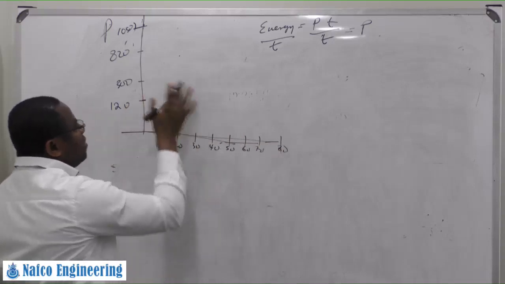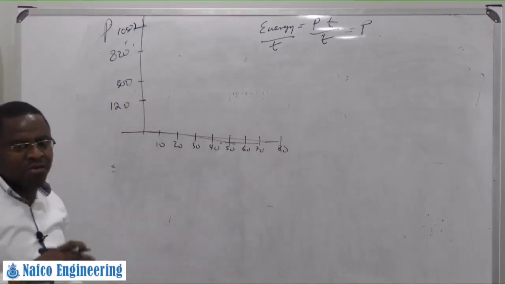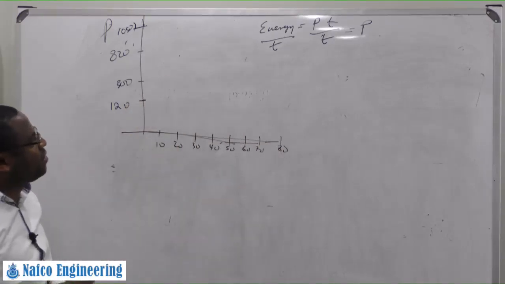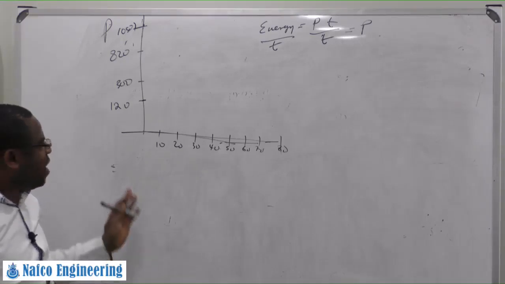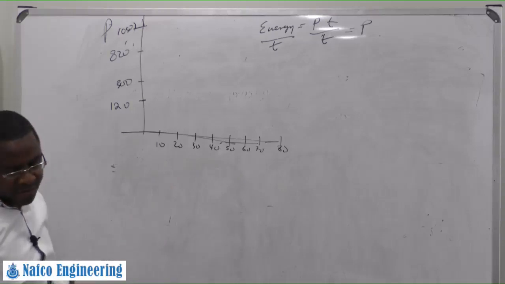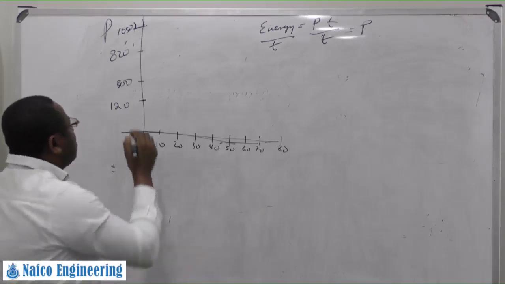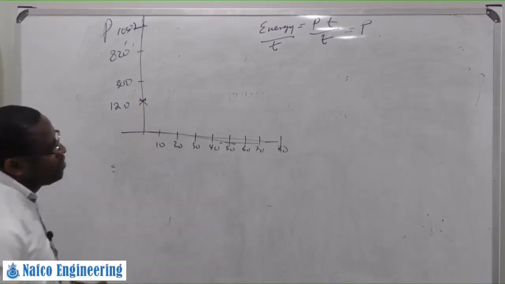So I just need to plot this, so that I'll be able to get my average energy, and I can divide by total time to get my power. Now the first one is 0 with 120, so I mark here 0 with 120.